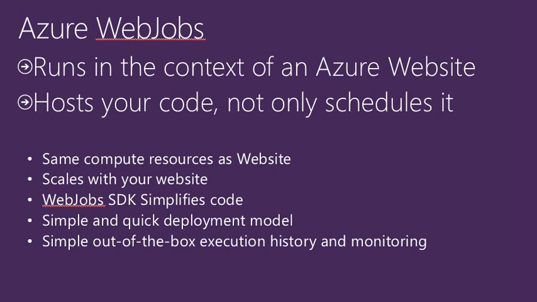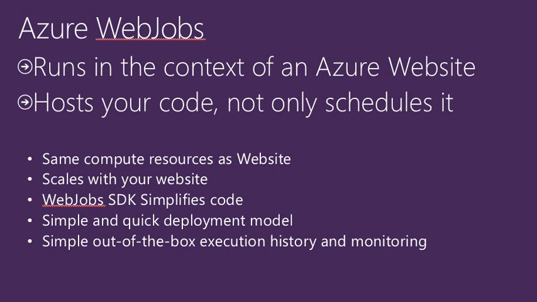These jobs scale with websites. Whenever you scale your website, the job will also scale with your website instances. Suppose you are running one web job with one website; whenever your website scales to 2 or 3 instances, your job will also scale out with the website itself.